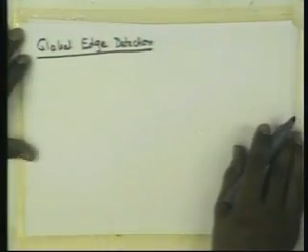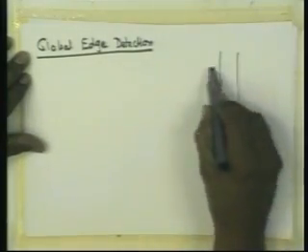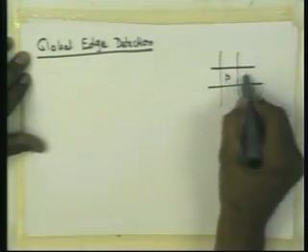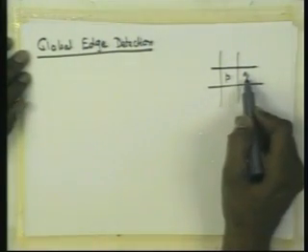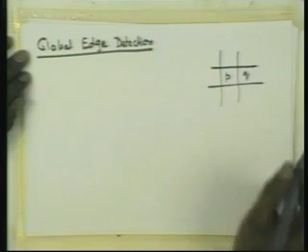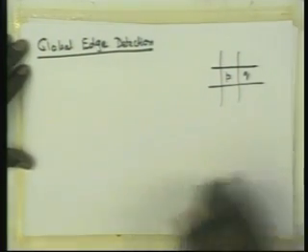Okay, the idea here is that we define a cost function. So, if I have, say, 2 pixels, P and Q, and I go from P to Q, then the cost associated with this is something that I want to use.